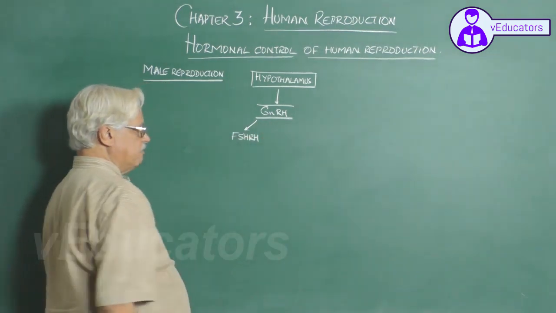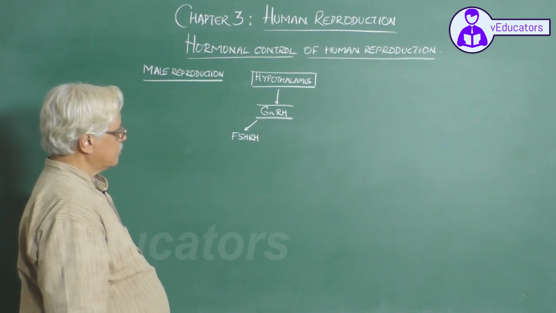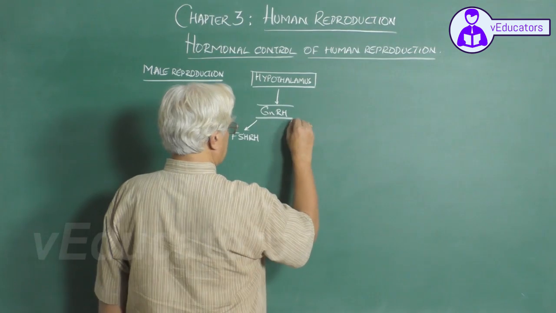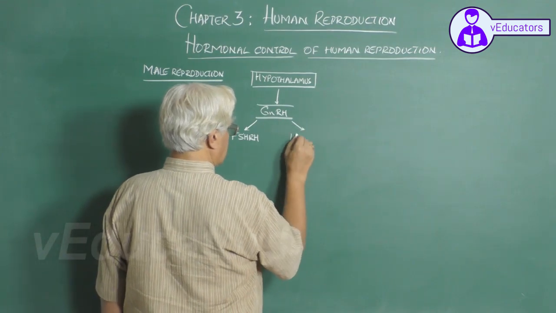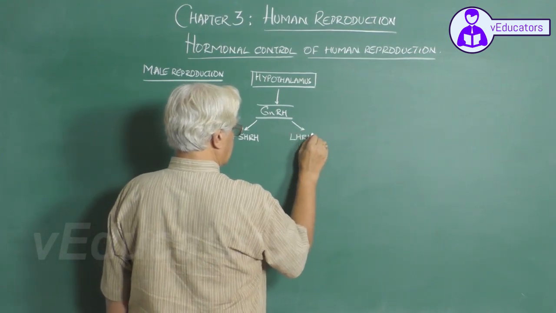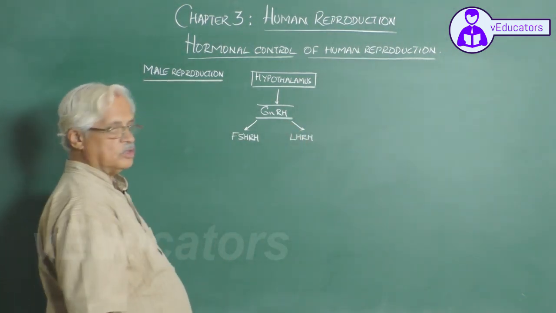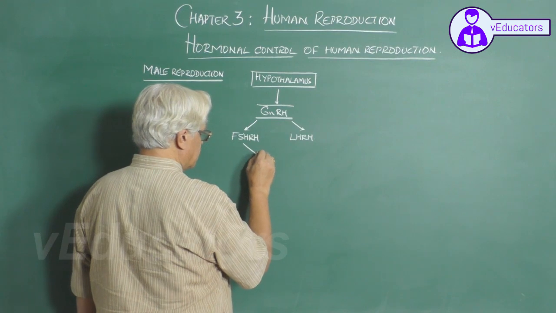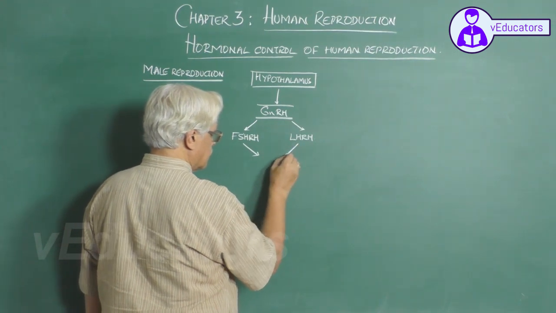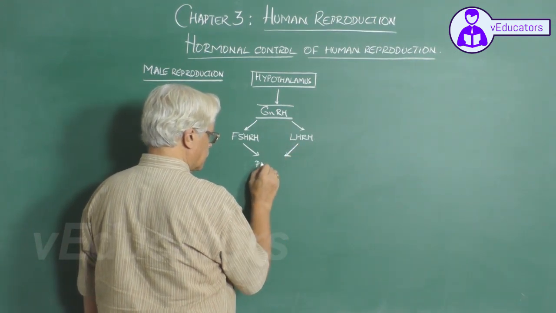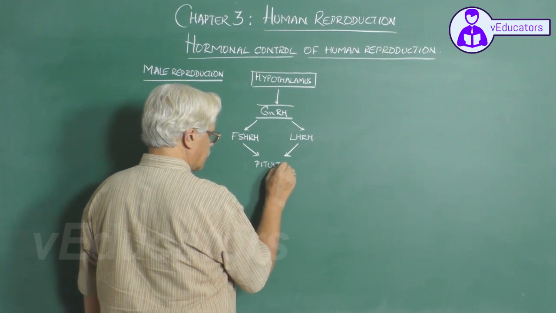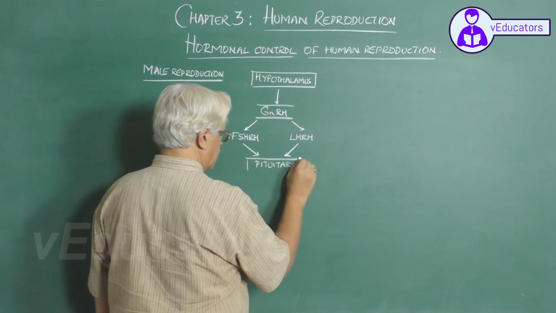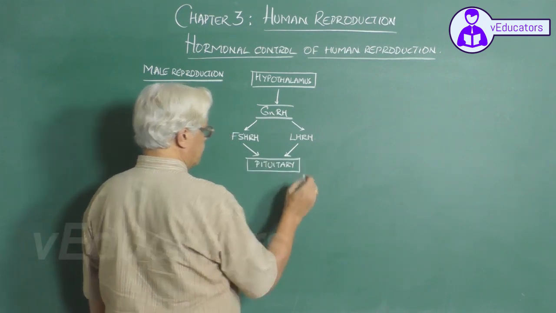One is called FSHRH, follicle stimulating hormone releasing hormone. The other one is called LHRH. Both these, FSHRH and LHRH, exert their influence on the pituitary gland.